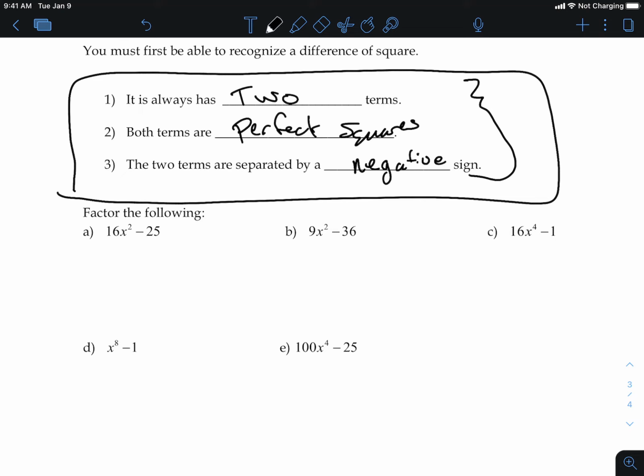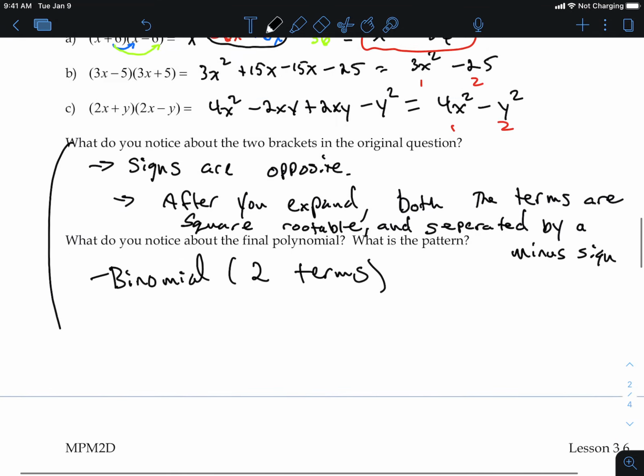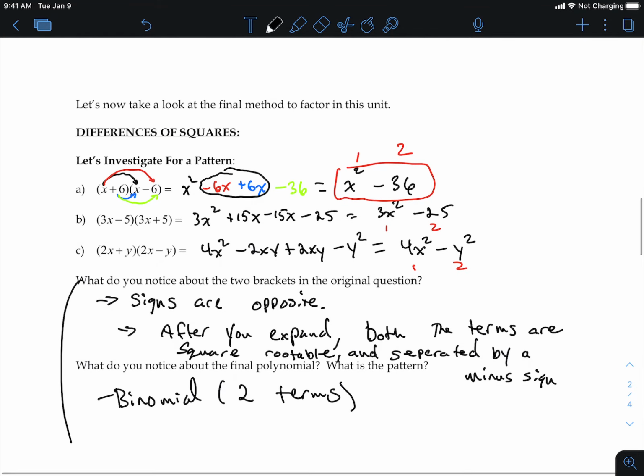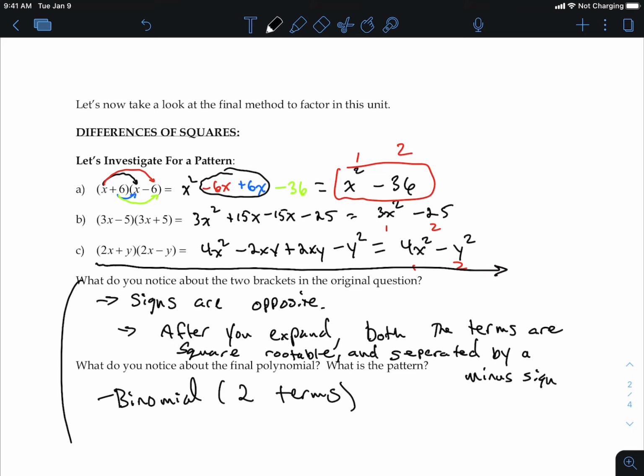Okay, let's try a couple. What did we notice up here? I went horizontally, from left to right. What we're doing this time is going the opposite direction.